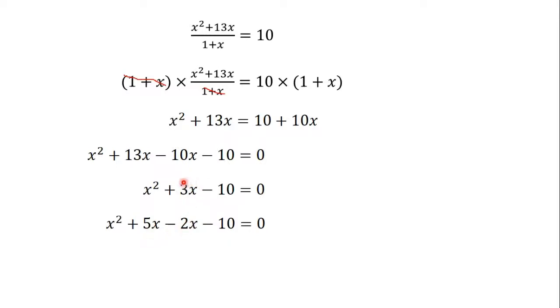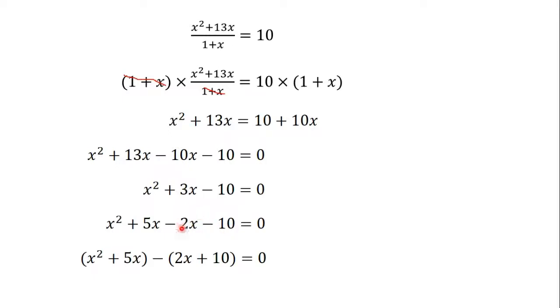So you are going to replace 3x with 5x and minus 2x, just as I've done here. When you do that, you are going to get x squared plus 5x minus 2x minus 10 is equal to 0. To factorize this, I'll put a bracket around x squared and 5x. Then I'll put a bracket around minus 2x and minus 10.